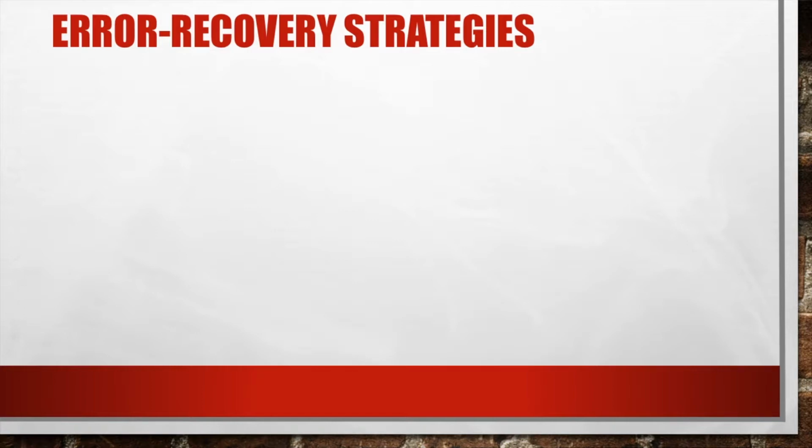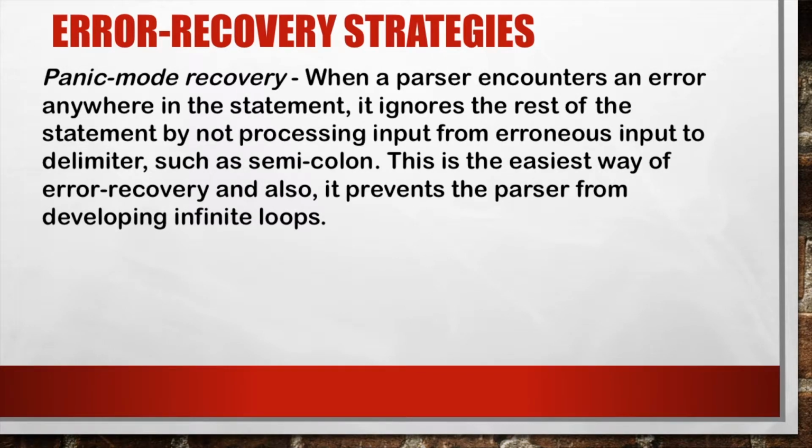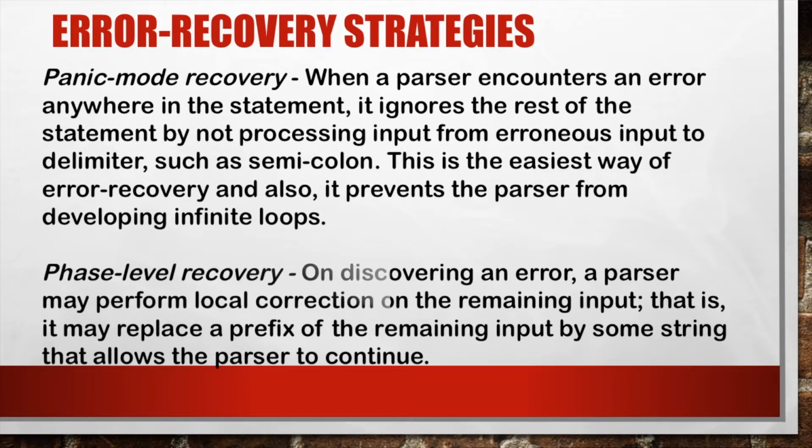There are many different general strategies that a parser can employ to recover from a syntactical error. The error recovery strategies are used by the parser to recover from errors when they are detected. First is panic mode and phrase level recovery.